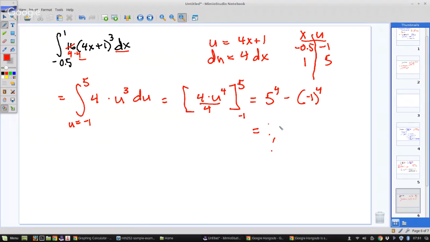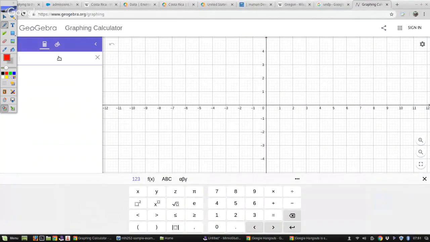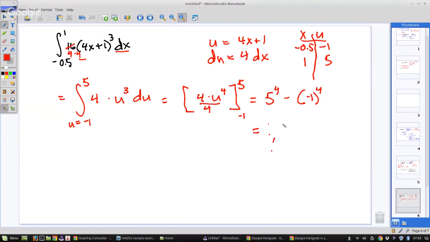So, sorry, my pen is leaving trails. Let's see, what the heck is 5 to the 4th power? I do not know that one off the top of my head. Calculator. Five raised to the 4th is 625. So then here we have 625 minus 1, which is 624.